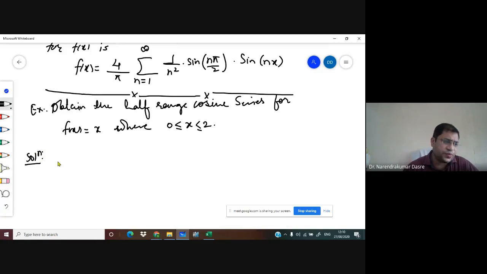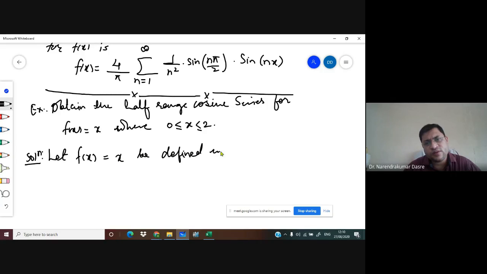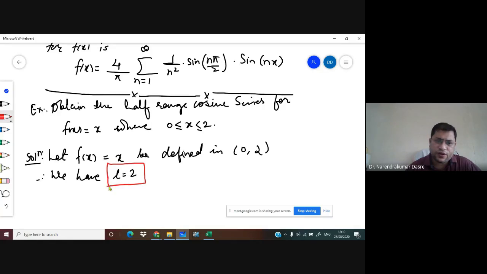So here we have the function f of x defined. f of x is equal to x, defined in the interval 0 to 2. And hence we got the value of L is equal to 2.